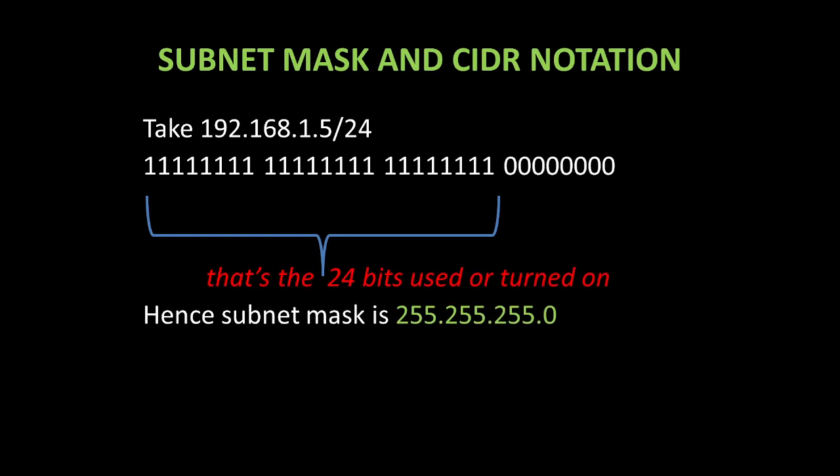If that's the case, then our subnet mask will be written as 255.255.255.0. Remember the selected area there.